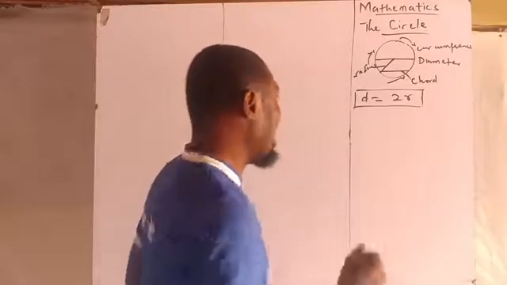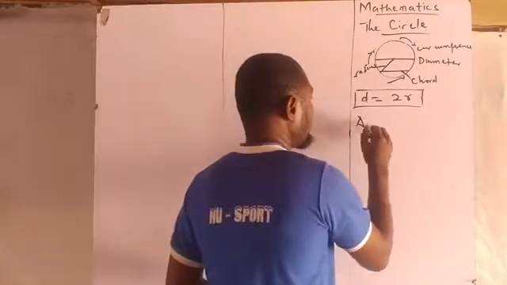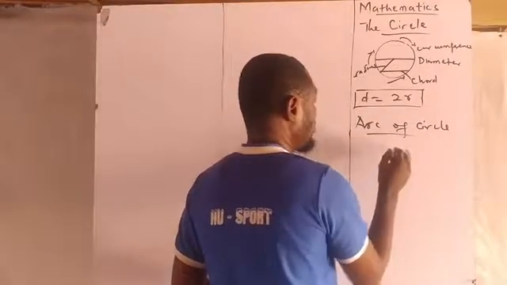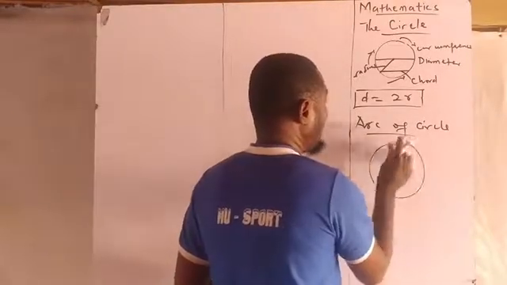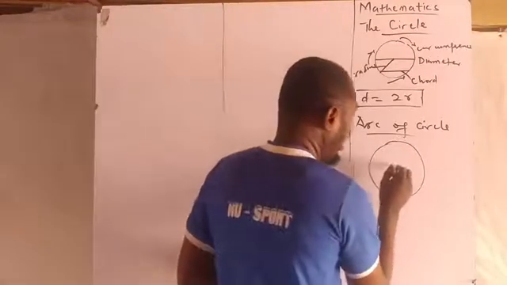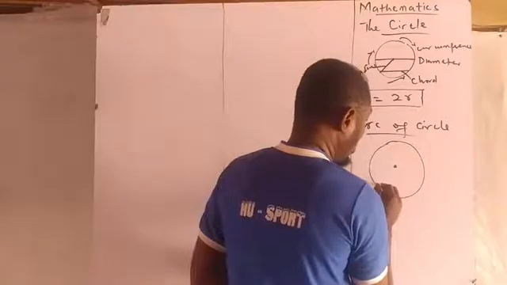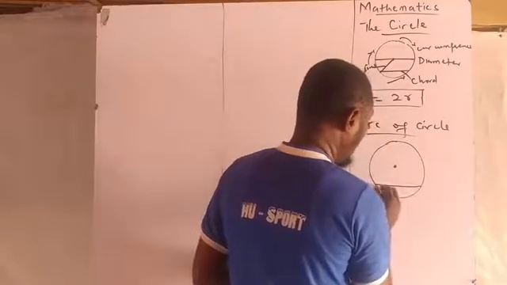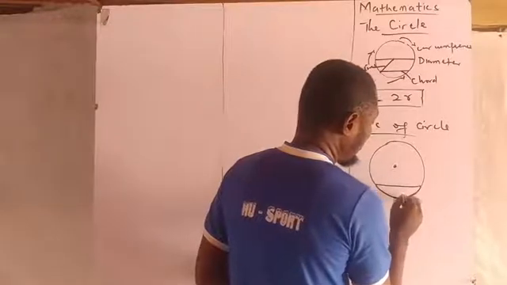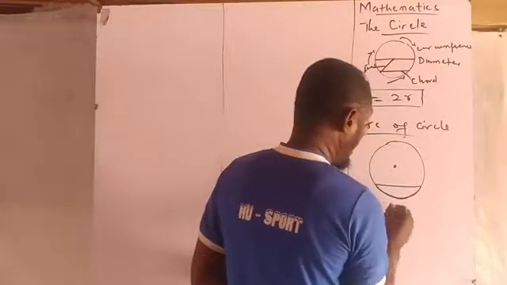Let us consider the arc today. Arc of a circle. The arc of a circle is simply the curved distance of a chord. This curved distance is called the arc.